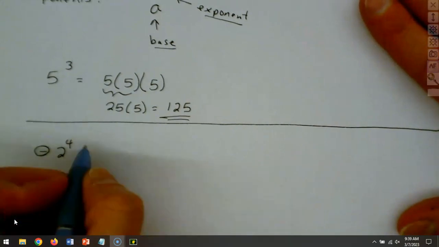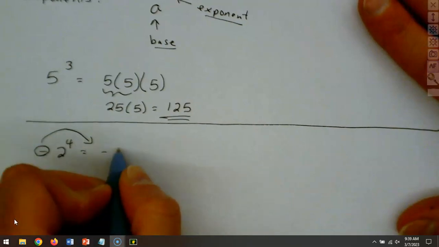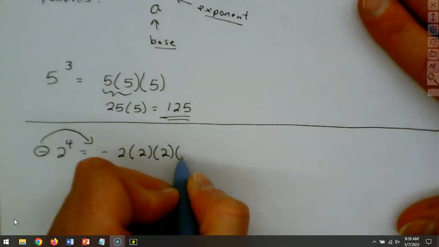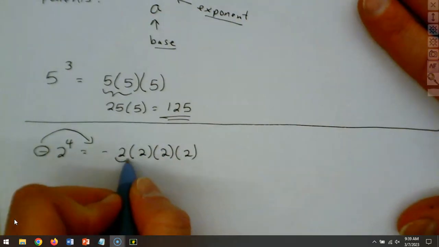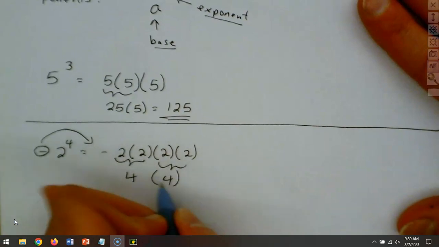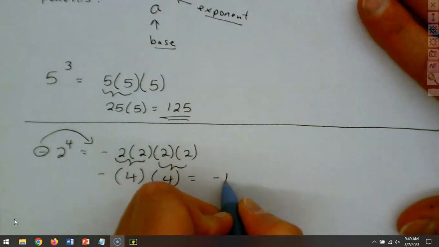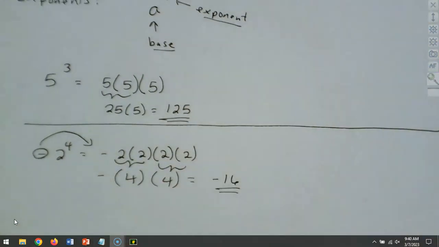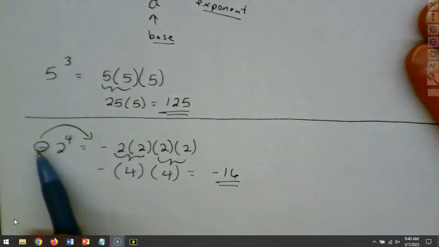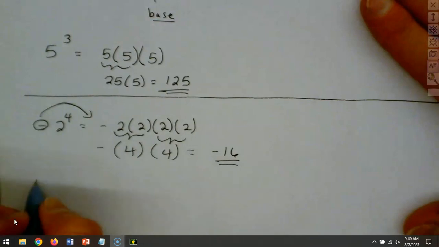So we write this out then as the negative 2 comes along, and then we have 2 times 2 times 2 times 2, and 2 times 2 is 4, 2 times 2 is 4, and 4 times 4 is then 16, and the negative comes along with it. So all we do is bring the negative along. However, it is not the same as this.